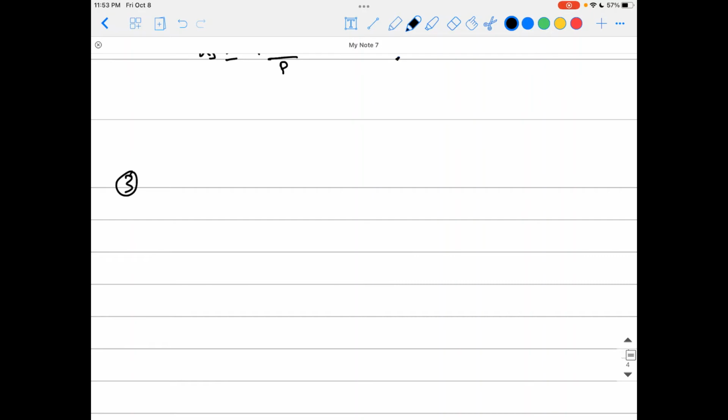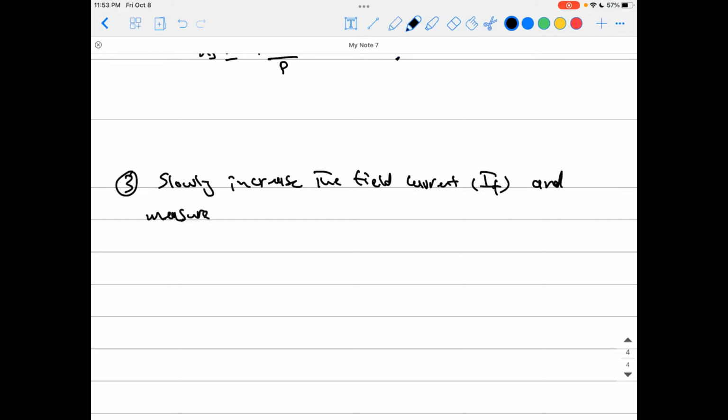So step number 3 is slowly increase the field current IF and measure the terminal armature voltage.